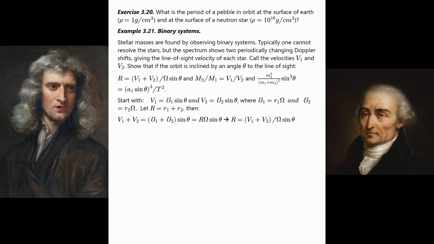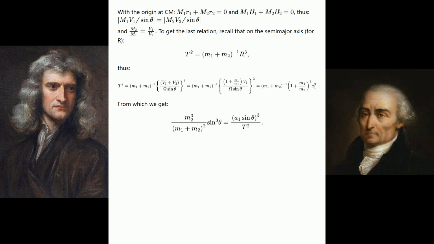Start with v₁ equals Ω₁ sin θ times, v₂ equals Ω₂ sin θ, where Ω₁ equals r₁Ω and Ω₂ equals r₂Ω. Let r equals r₁ plus r₂. Then, v₁ plus v₂ equals (Ω₁ plus Ω₂) times sin θ equals rΩ sin θ, so r equals (v₁ plus v₂) divided by Ω sin θ. With the origin at the CM, m₁r₁ plus m₂r₂ equals 0 and m₁Ω₁ plus m₂Ω₂ equals 0, thus the absolute value of m₁v₁ divided by sin θ equals the absolute value of m₂v₂ divided by sin θ.